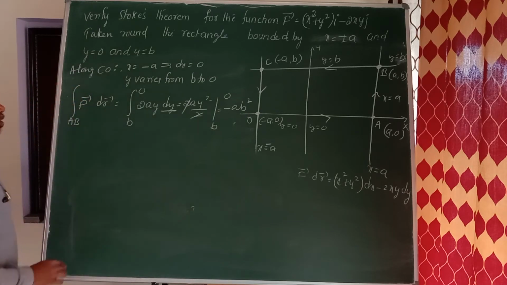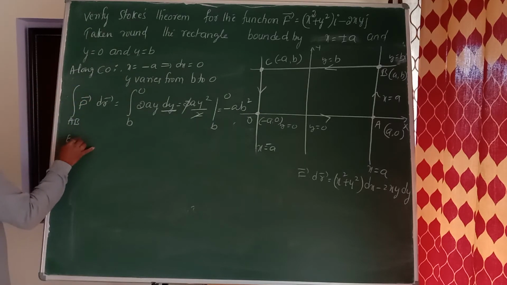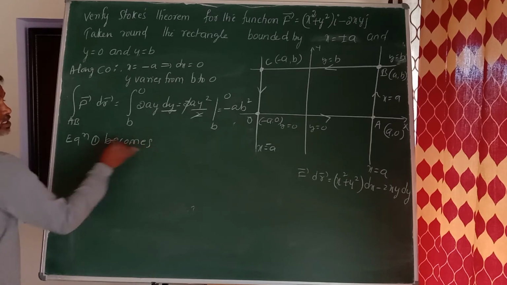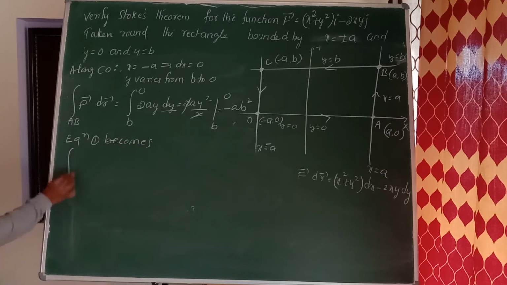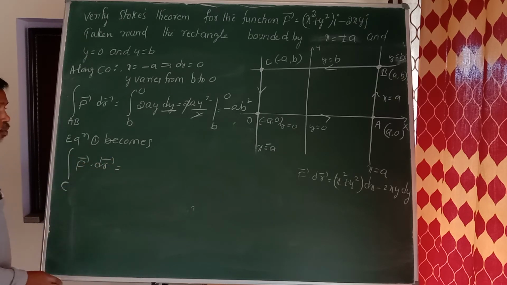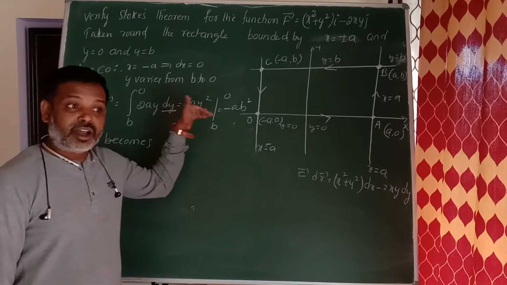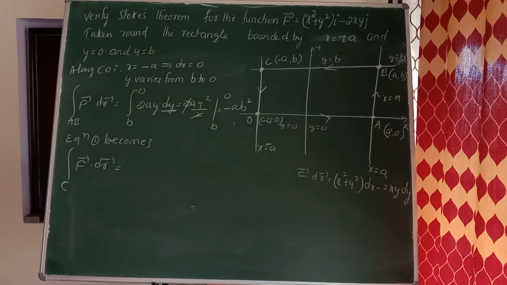So now, that is the LHS part of Stokes theorem. The line integral over C of F dot dr is the sum along OA plus along AB plus along BC plus along CO. What is the final answer?